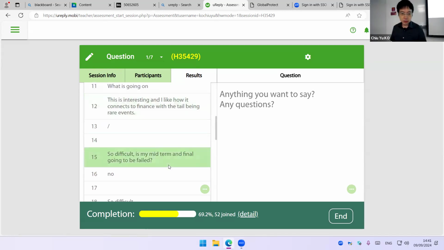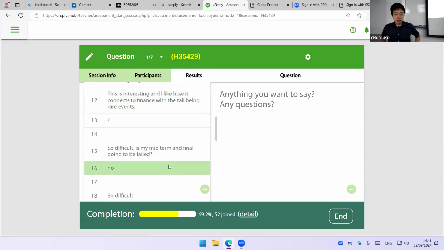So difficult. Are my midterm and final going to fail? No, because there's no midterm, so you can't fail the midterm. Final, well, so far no one has actually failed the final if they attended the final for this class in the past.